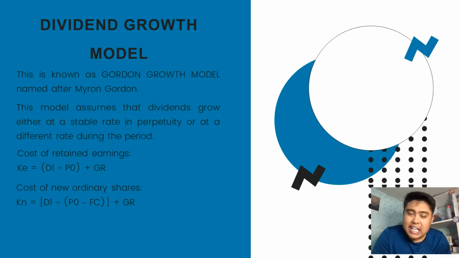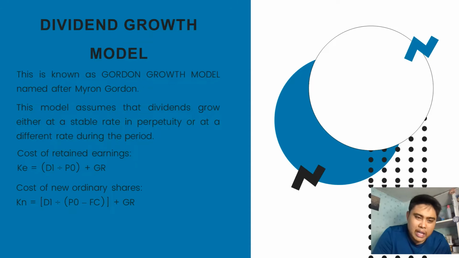So pag KE, RE. Pag KN, ordinary shares. Kaya tinawag na KN, tanda mo na lang, N, new ordinary shares. KE, E, earnings, retained earnings. Para mabilis mo lang siya maalala. KE, cost of RE, KN, cost of new ordinary shares.